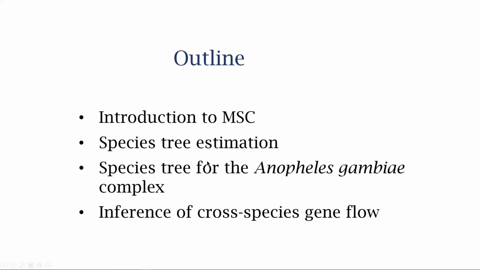I have an example based on the African mosquitoes, the Anopheles gambiae species complex. If I don't go over time, normally I do, I'll show you a few slides about inference of cross-species gene flow. This is something that we have been working on in the past two or three years.